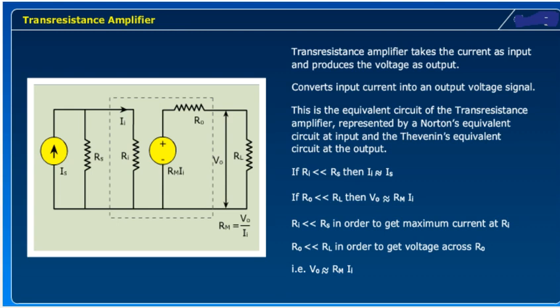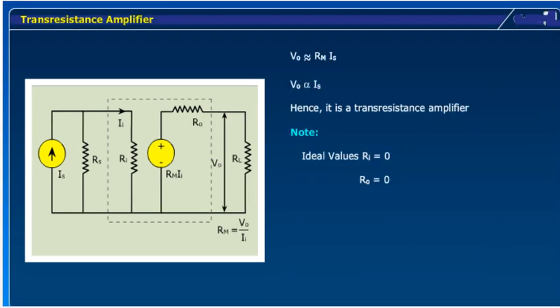Ri is less than Rs in order to get the maximum current at Ri, and R0 is less than RL in order to get the voltage across RL. So V0 equals Rm into II, and V0 is directly proportional to Is. Hence it is a trans resistance amplifier, and for the ideal conditions Ri equals 0 and R0 equals 0.